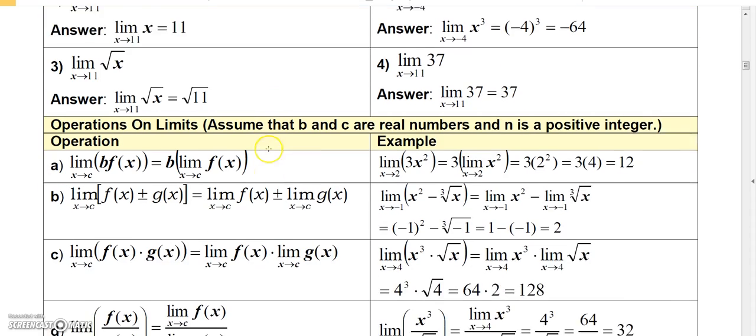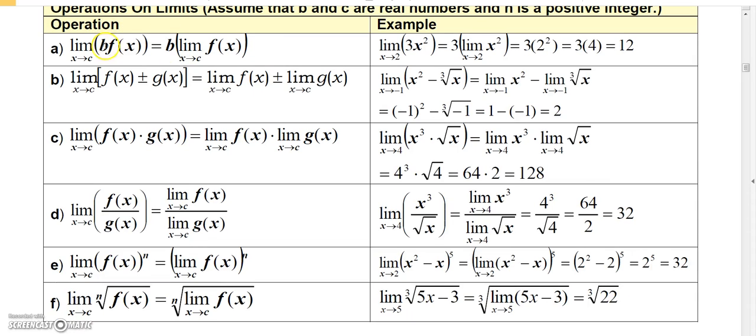Now, next we have a few operations on limits. This first operation just says that if you take the limit of a constant times f of x as x approaches c, that's the same as taking the limit of f of x as x approaches c and then multiplying it by the constant.